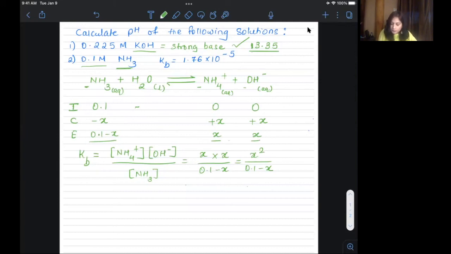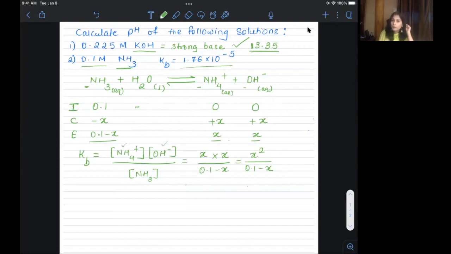Now let's look into the Kb value given to us. This value is very small, which is again telling us that the dissociation happening is very small, and therefore it reaches equilibrium pretty fast, right? The only way you would have a low dissociation constant here would be if the amount of products were very less, right? So in this case, if the change that is happening is very less, the value of X is going to be very small.